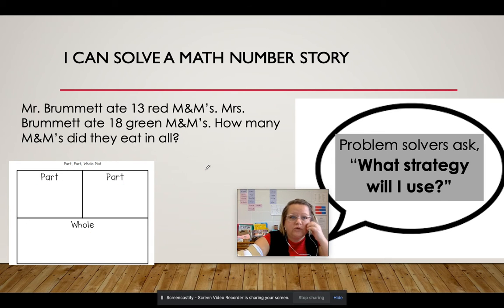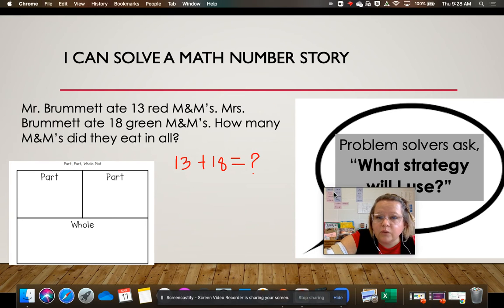What strategy will I use? Well, my number model is going to be 13 plus 18 equals question mark. And the strategy that Mrs. Brummett is going to use, I think I'd like to use base 10.